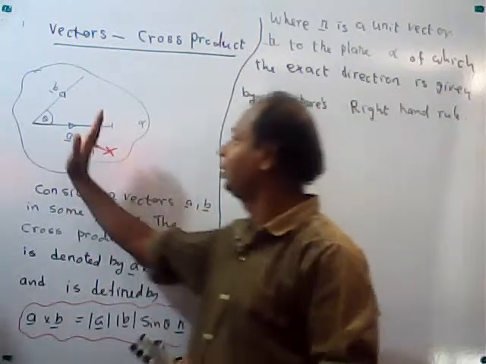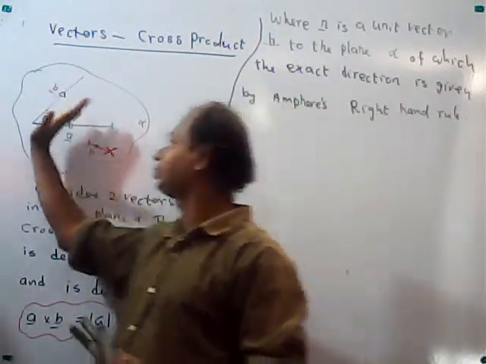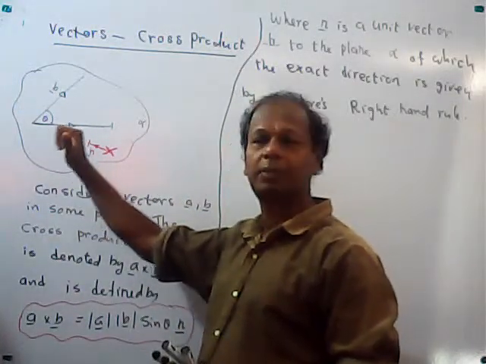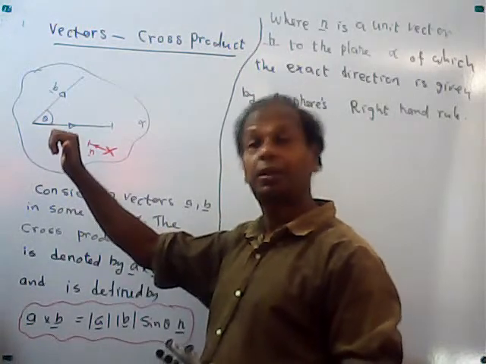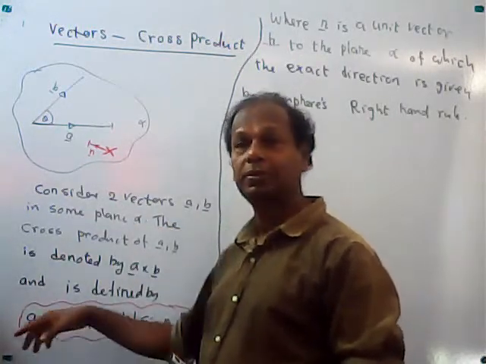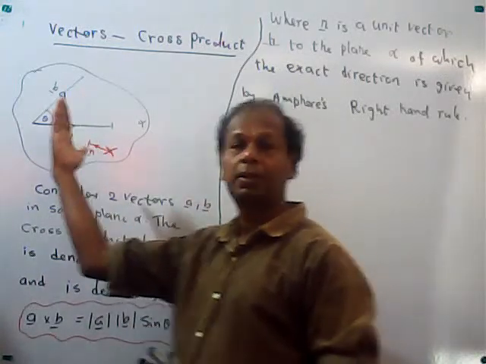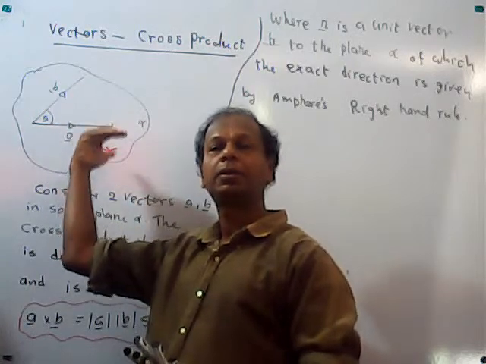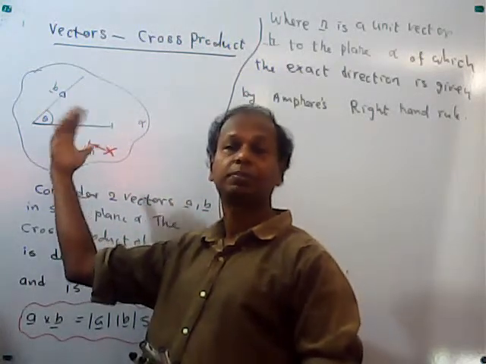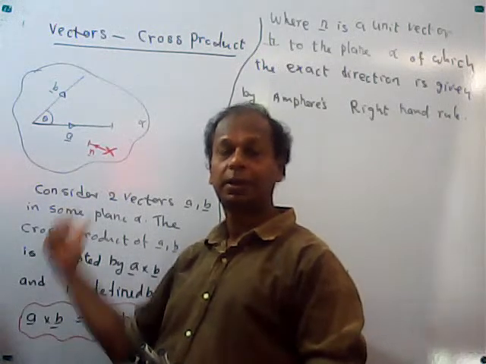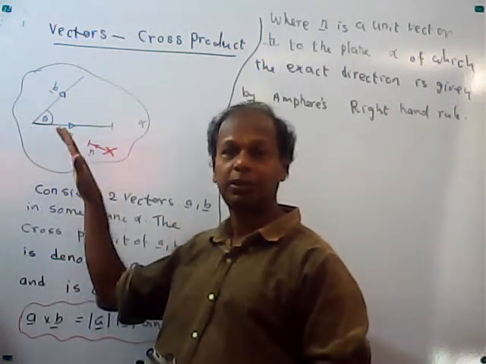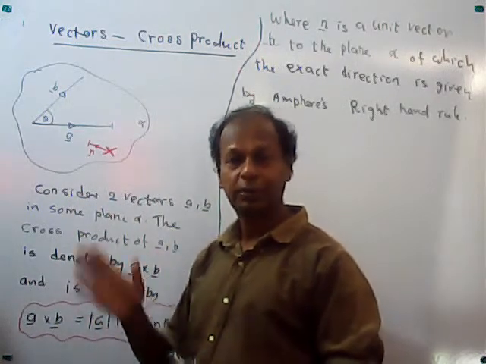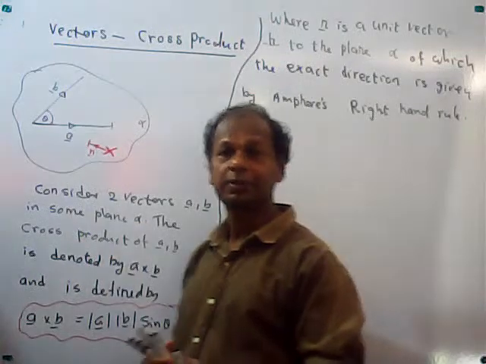For this diagram, for A cross B, using the right hand rule, n is coming out of the plane. If you take B cross A, then you will have to turn your hand from B to A, and then it will be going in. So the direction of B cross A is right opposite to the direction of A cross B. They are not equal.